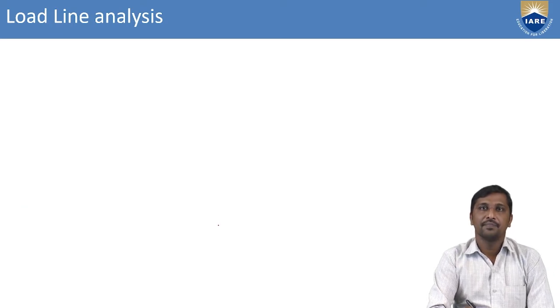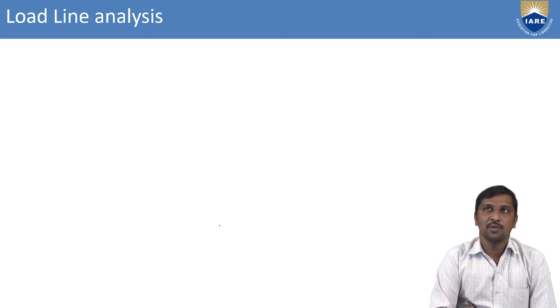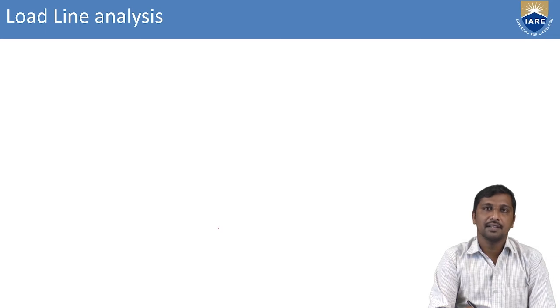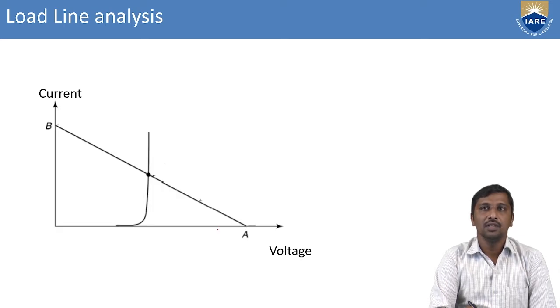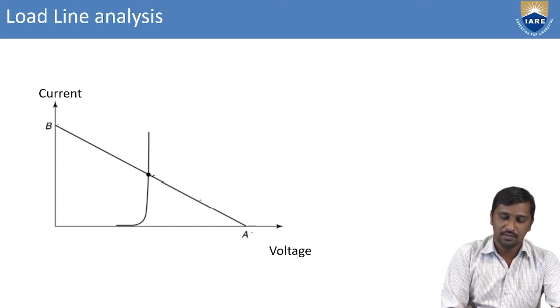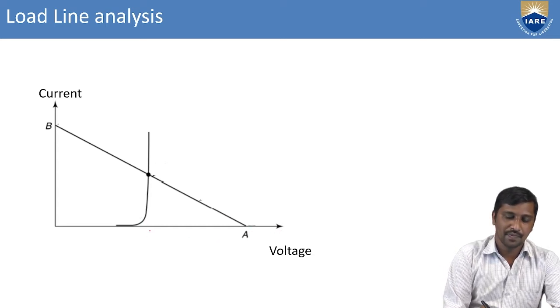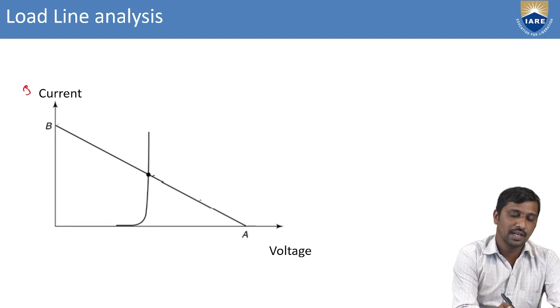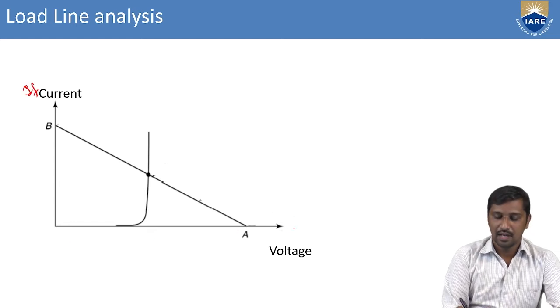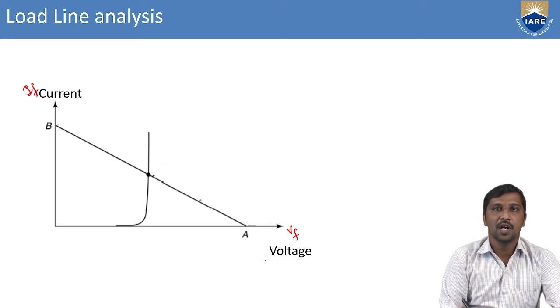For this case, first I am going to consider the characteristics of the PN junction diode under forward bias. On the y-axis I consider the current, the maximum current IF, and on the x-axis we represent the diode forward voltage.